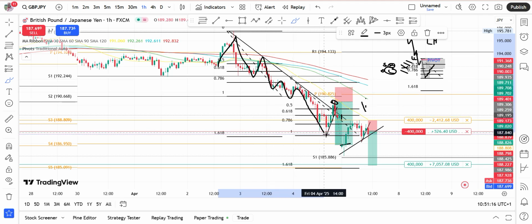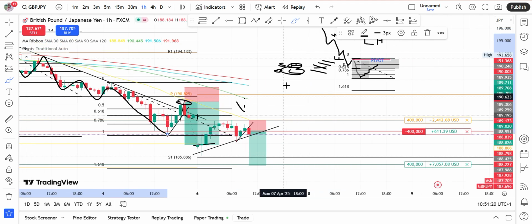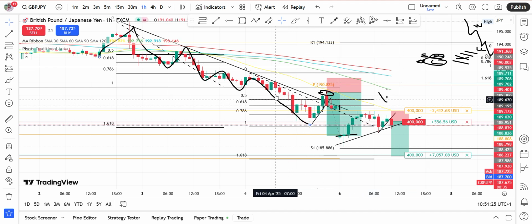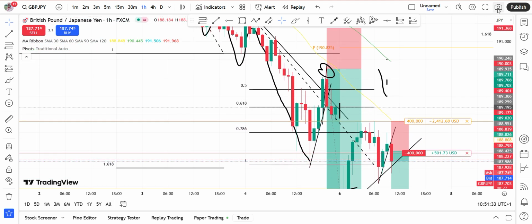So the price did its move, and what I wanted to see, guys, I need to see the price go back over the 50% Fibonacci retracement.